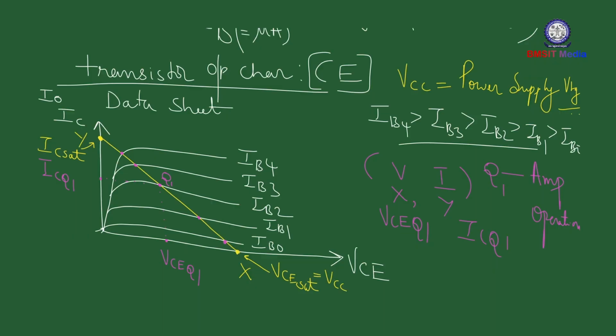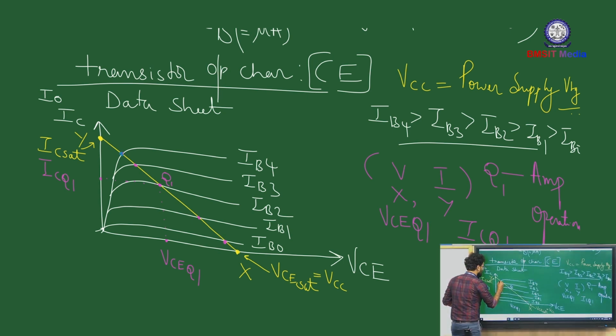For example, if you want the transistor to operate in the switching region, you must place the Q point very close to the y-axis as well as very close to the x-axis. Okay, let us mark those 2 points using blue color. So this point, let us say Q2.